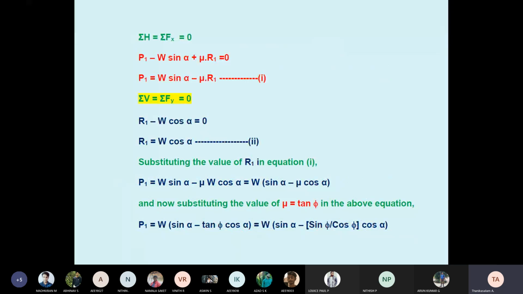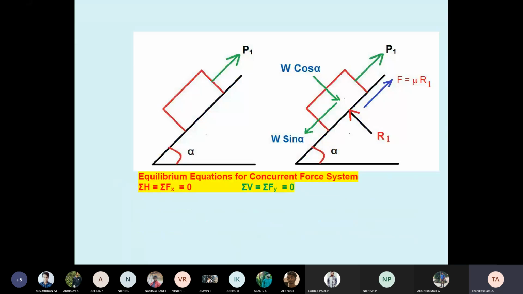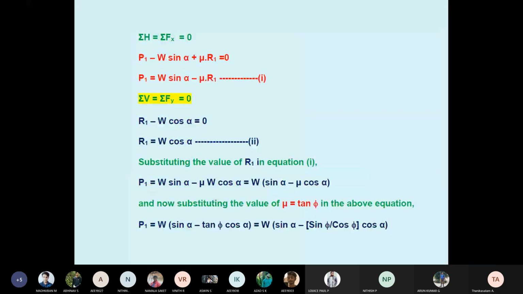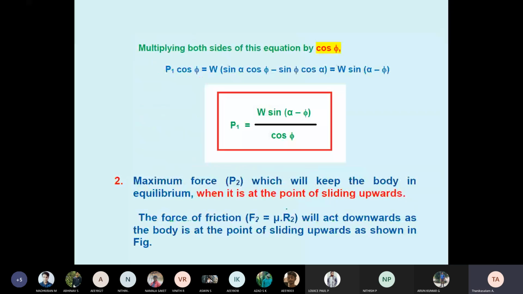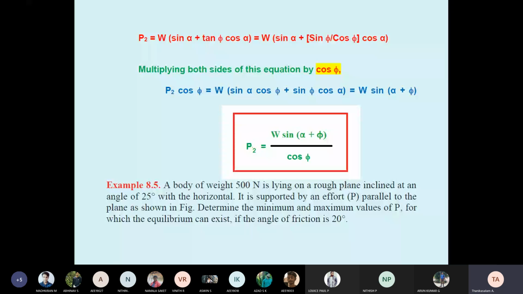Otherwise, if you do not remember the formula, apply the equilibrium equations and solve it yourself. The weight component is 500 cos 25 degrees, like that. So we can apply the formulas directly.